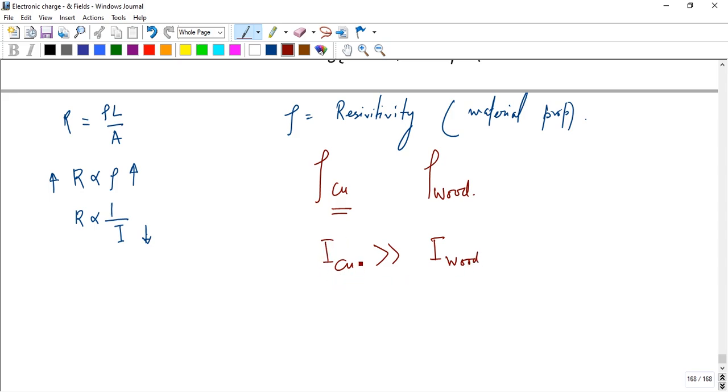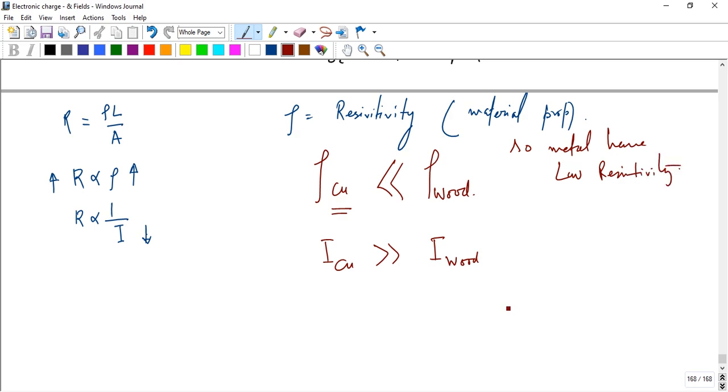More current means less resistance, so the resistivity of copper is lower than the resistivity of wood. That's a very important factor. So metals have low resistivity.